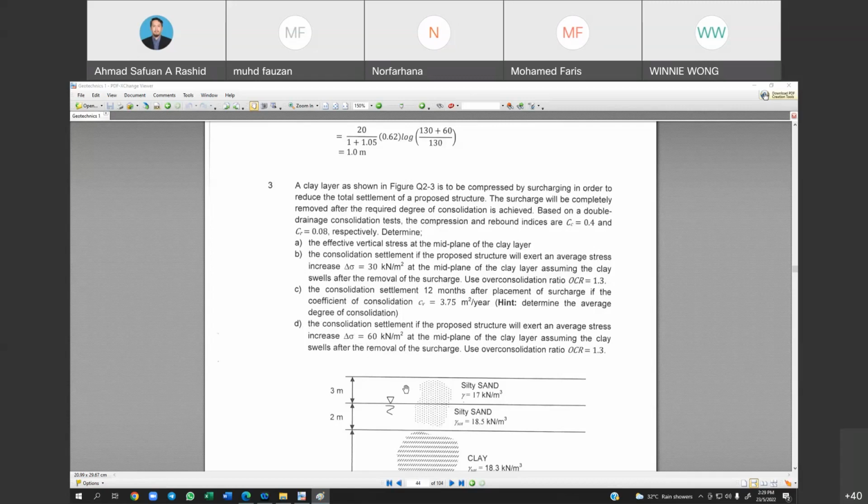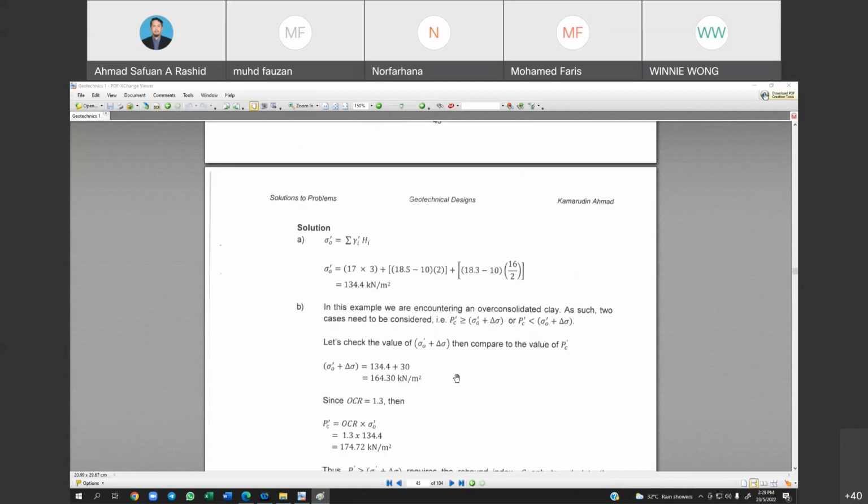So definitely for D we may use the second equation of the OCR. If we still used the same equation, I guess Dr. Kamarudin would not guide us on how to use the second equation. That's why he increased from 30 to 60.